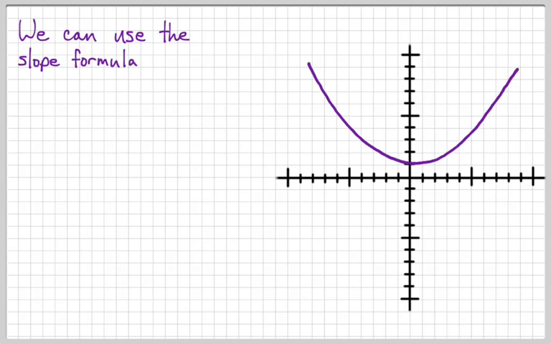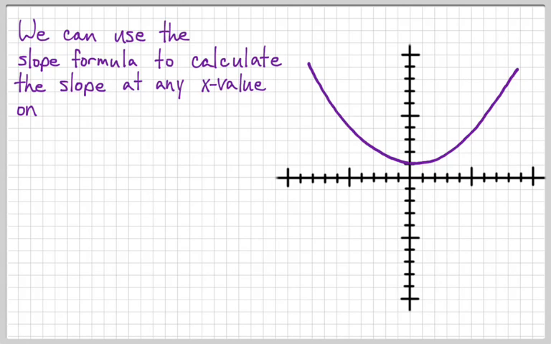And we can use the slope formula to calculate the slope at any x value on any curve, and when we do that, it's going to be called the difference quotient. Now, I'm going to pick a point here called x comma y, actually, I'm going to use f of x.